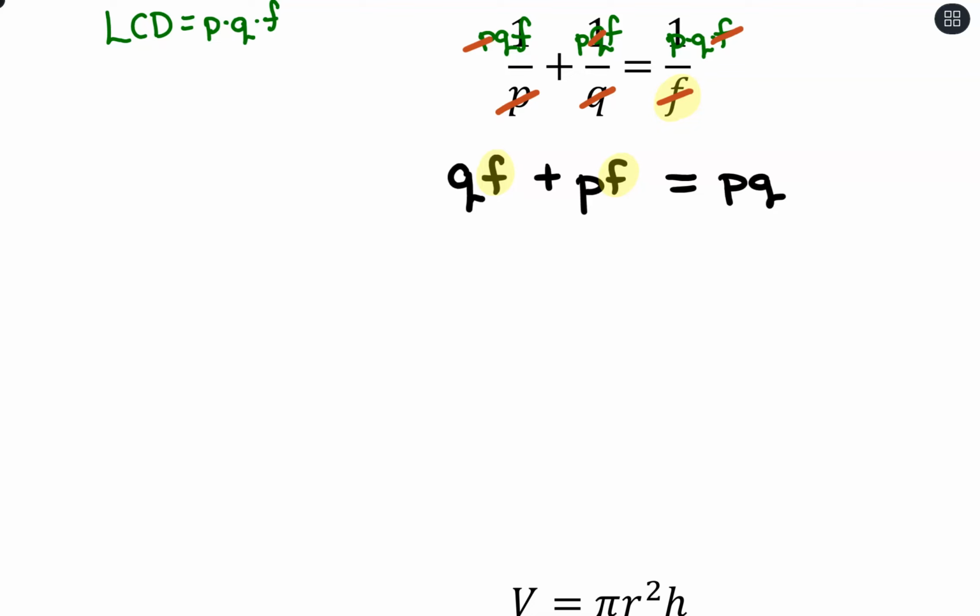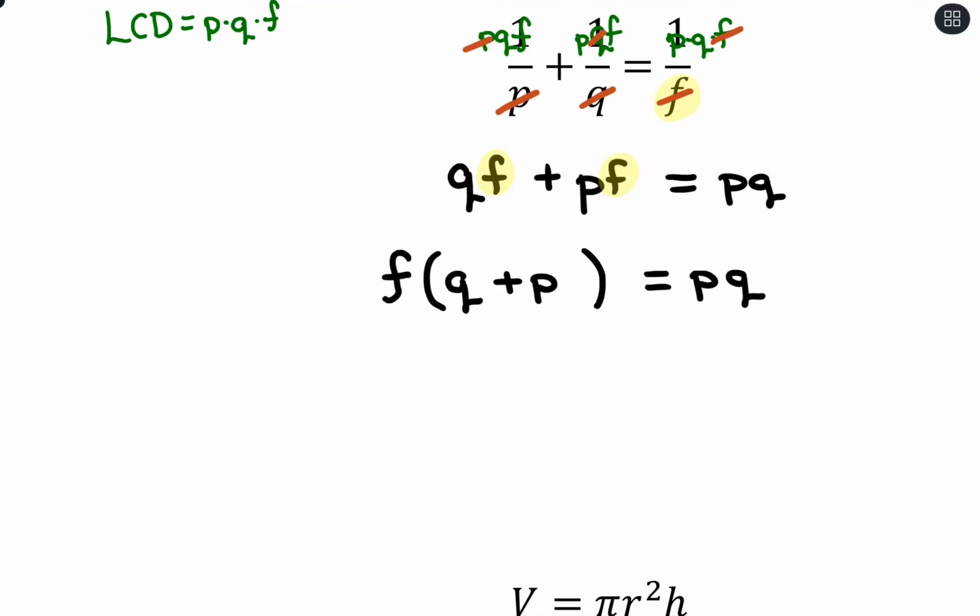So we're just reversing the distributive property. It's like we're taking f out of everything, and in parentheses we have our leftovers of q plus p. So we just reversed the distributive property by getting that common factor of f out of there, and then we have q plus p left over equals p times q.